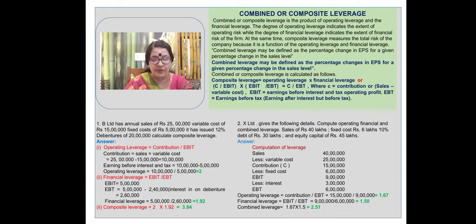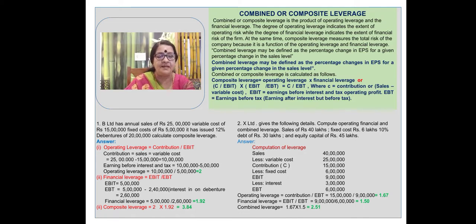Operating leverage is contribution divided by EBIT, that is 15 lakh divided by 9 lakh, 1.67. Financial leverage is EBIT divided by EBT, that is 9 lakh divided by 6 lakh, which is 1.50. Multiplying both, 1.67 into 1.5, it comes to 2.51.